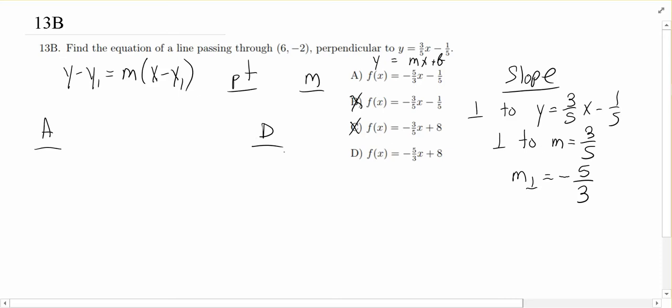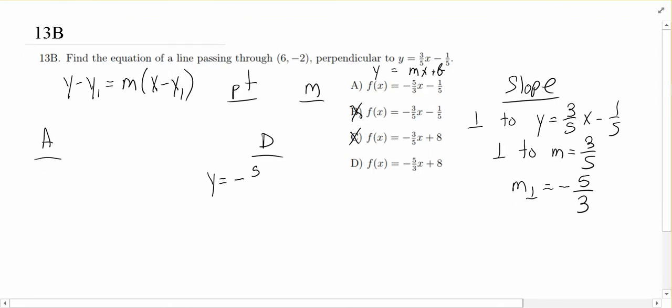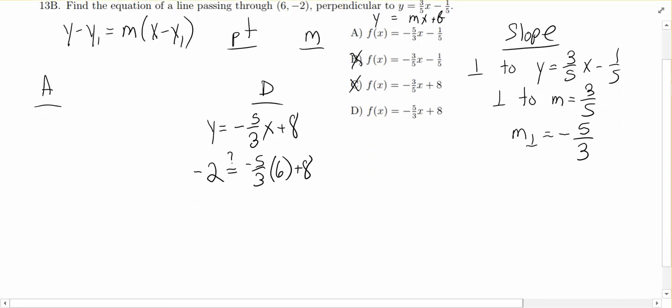Now, A has an additional fraction in it, so I would rather look at the one where your y value is going to equal -5/3 x plus 8. So if I were to plug 6, -2 into this, the y value is -2, the x value is 6, and does this create a true equation then?